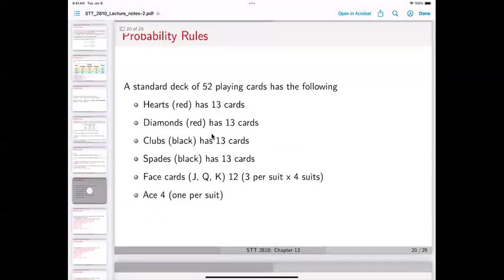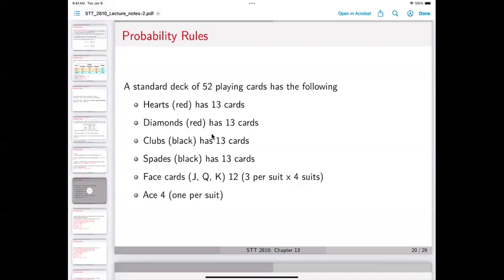Whenever we have the standard deck of playing cards, the total number of cards is 52. Hearts, which is red, is 13. Diamonds, which is also red, is also 13. And then clubs and spades, which are both black, are also 13 each.